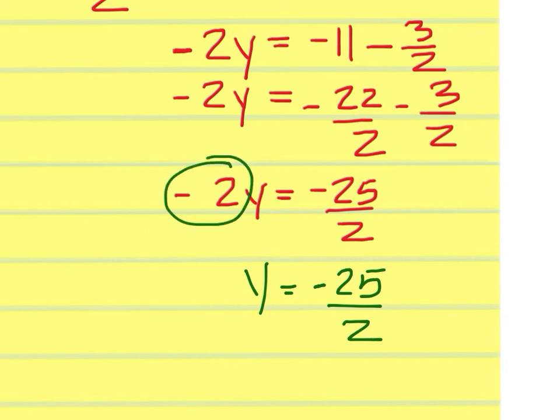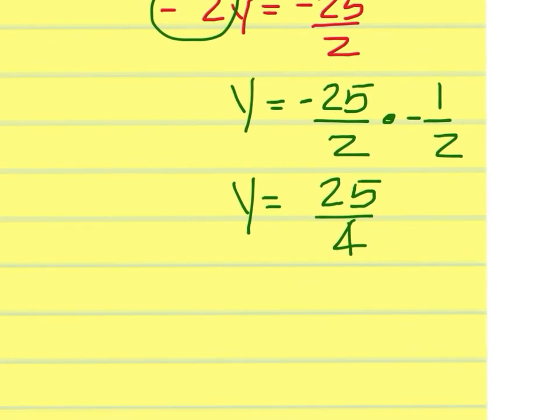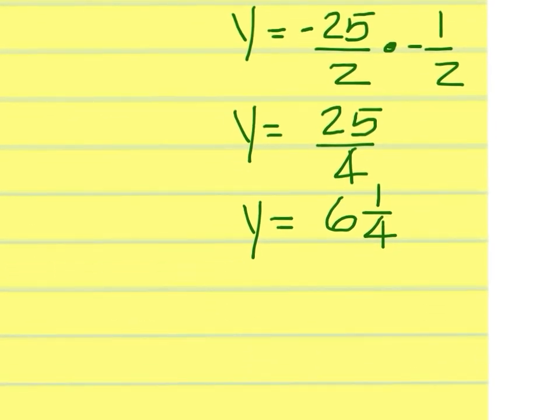Anytime you divide by an integer, it's the same as multiplying by the reciprocal. So you're really multiplying by a negative half. And that would give you a positive 25 over 4. If you change it to a mixed number, you'll end up with 6 and 1/4. So we've put in, for this one, a negative half and came back with a positive 6 and 1/4.